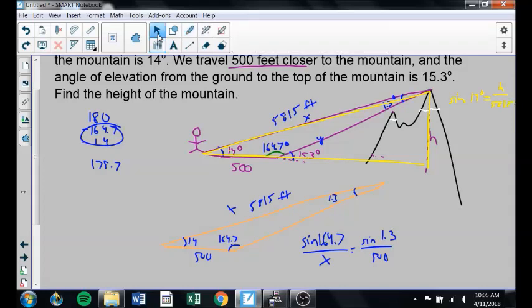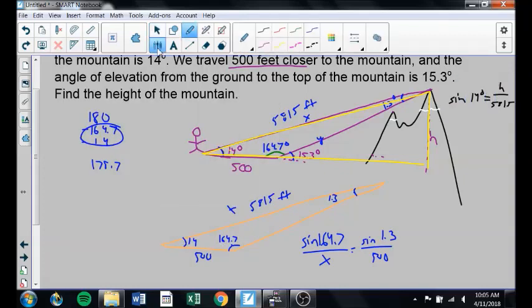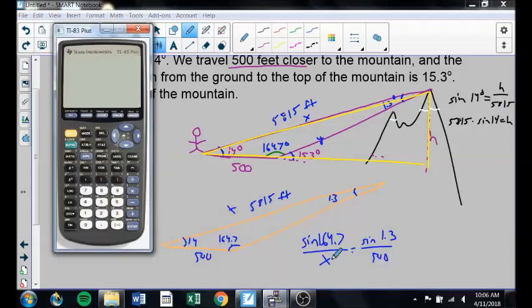Let's just go ahead and make all that darker. Solve that for h. 5,815 times the sine of 14 equals h. 1,406 feet.